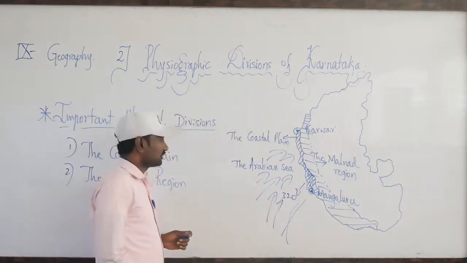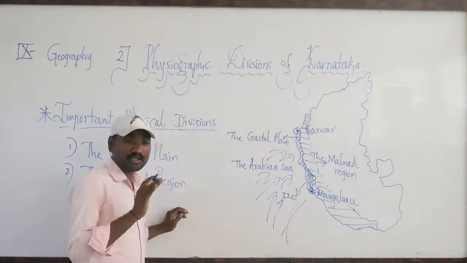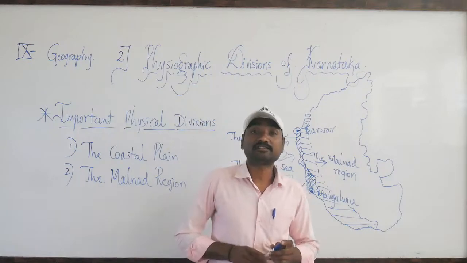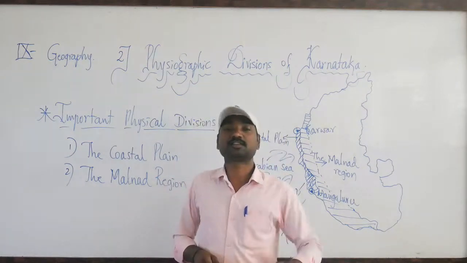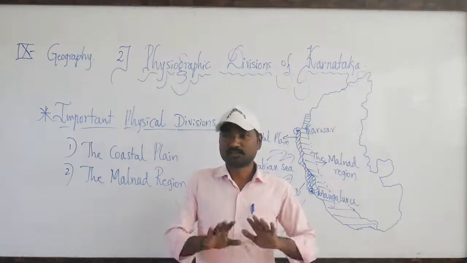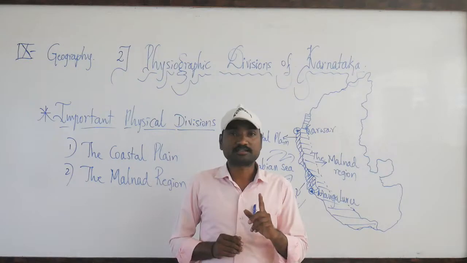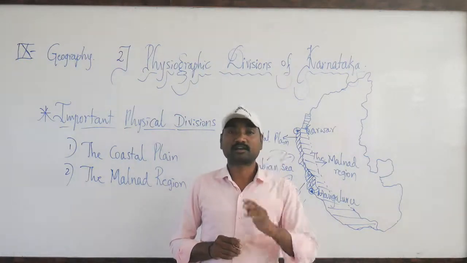Its height is 1913 meters. So Mullayanagiri is the highest peak of Karnataka.